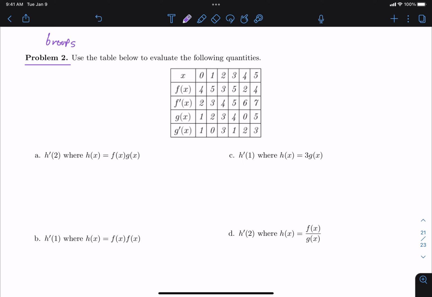So we're going to have to remember how to do the quotient rule and the product rule, and how to read information from a table in terms of the values of the derivative and the function itself, okay? So I want you to focus on A and D, and if you finish those, then you can go and work on C and B, okay? So work on A and D first, and I'll be coming around with Jacob to help you if you need a little help.